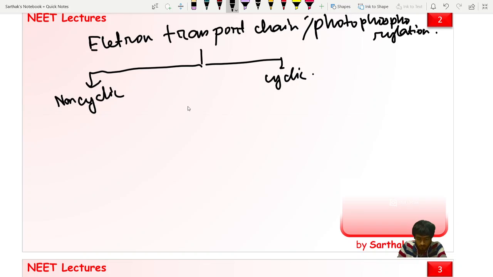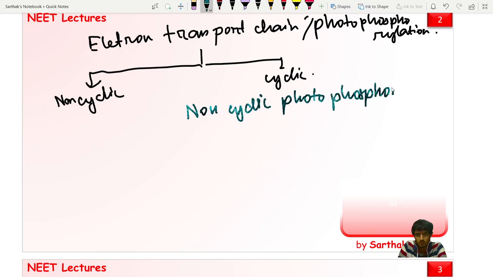Okay, so first we'll be starting from non-cyclic photophosphorylation.